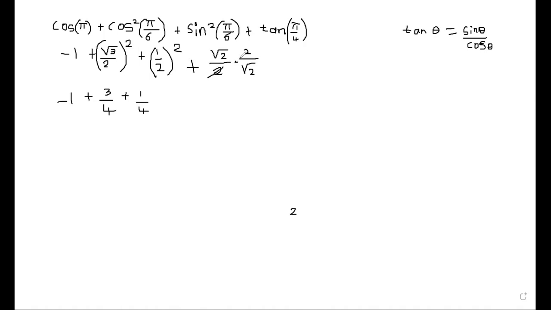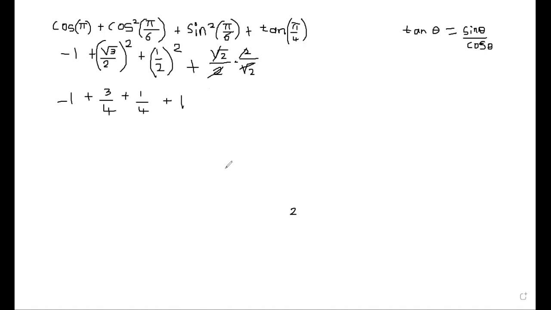Here what will happen is they will all cancel, so you'll have 1, because cancelling does not mean 0. It means 1. So this 2 goes into 2 once, and square root 2 goes into square root 2 once. So 1 times 1 is 1 over 1 times 1 is just 1.